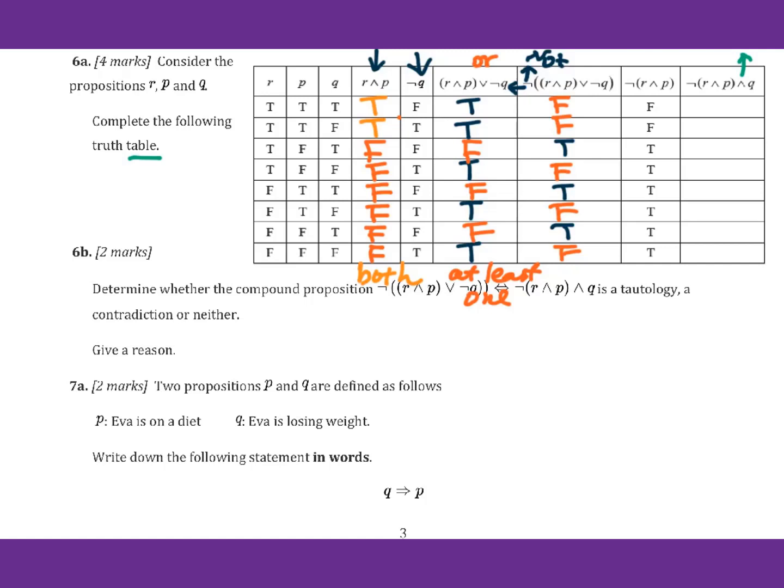Keywords to be true, both must be true. So you need to check this column and Q, these two columns. Both true will be true. This is true. True. True. Rest of them will be false.